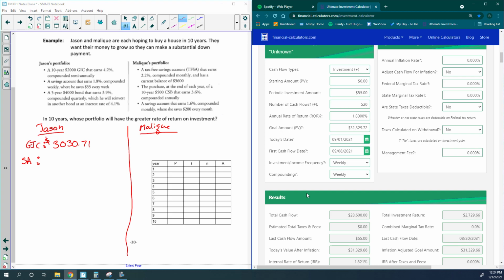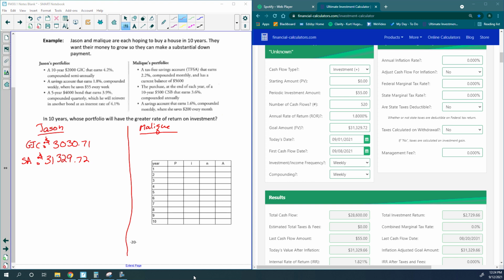His savings account at the end of 10 years is going to be $31,329.72.